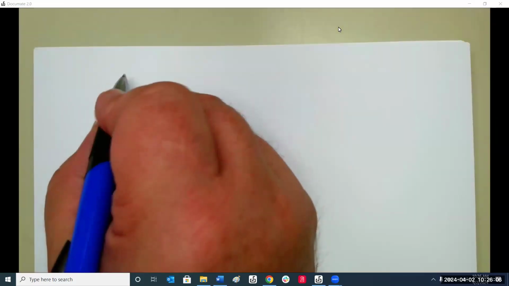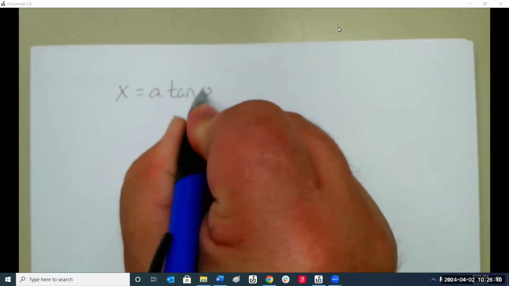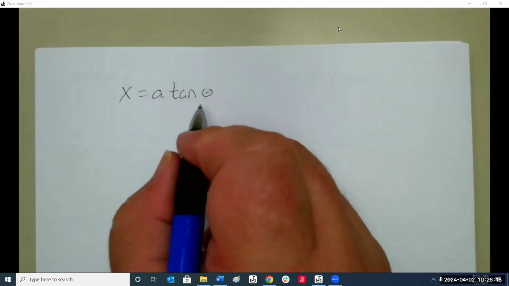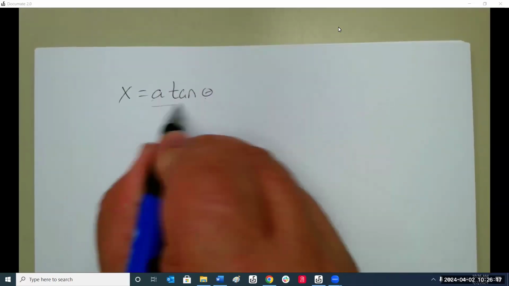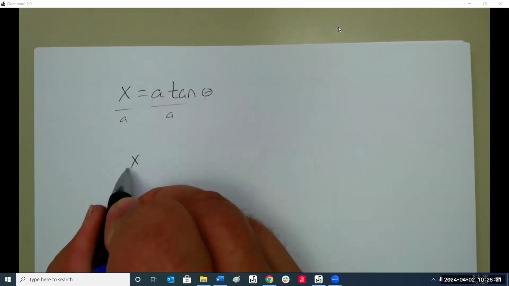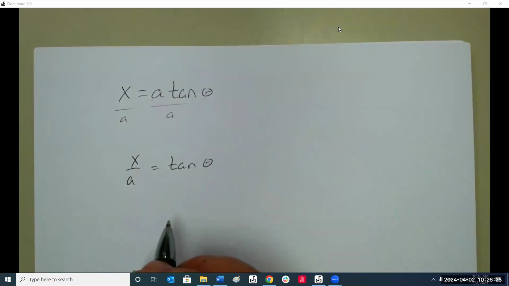These also apply to when we have inverse functions. For example, the first one we have is x equals a tangent theta. Solving for tangent, we divide both sides by a. So we get x over a equals tangent theta.